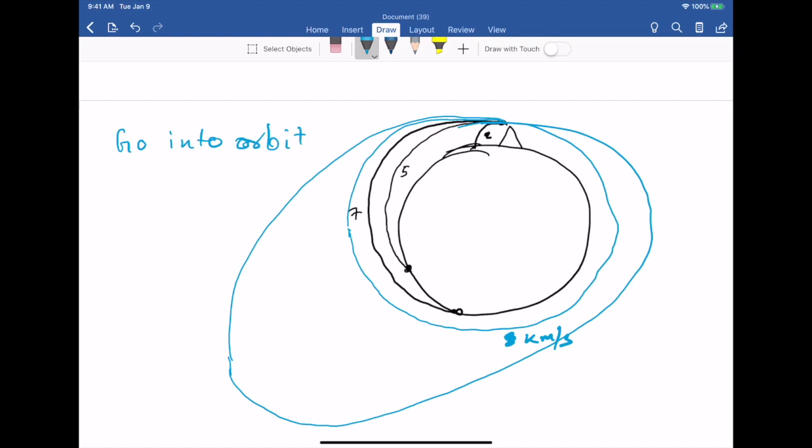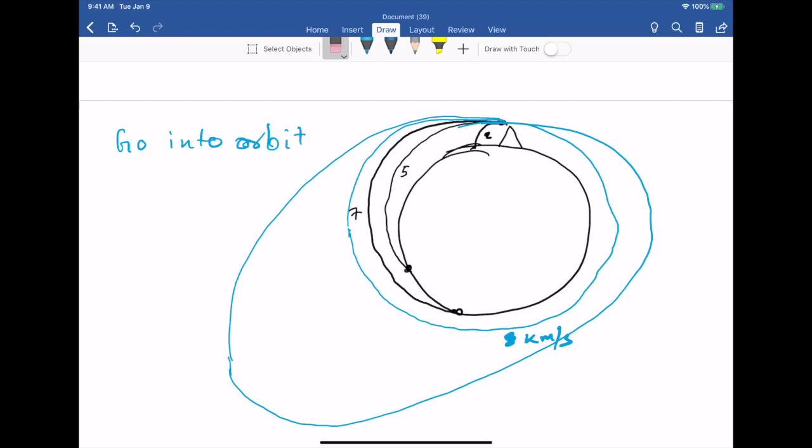So between 8 and 11 kilometers per second, it would go into various elliptical orbits. What would happen if I launched it at more than 11.2 kilometers per second? You already know the answer. It would just fly away and not come back anymore, because 11.2 is the escape velocity for our planet, right?